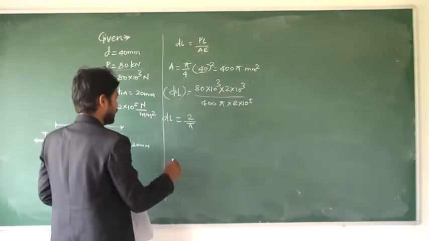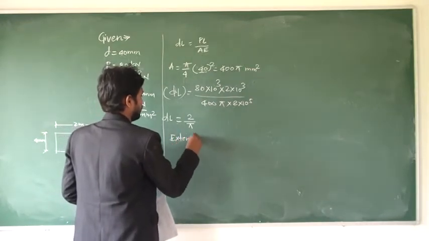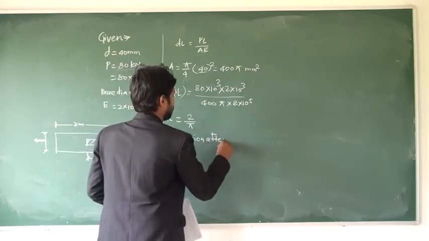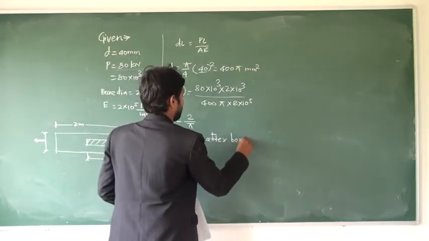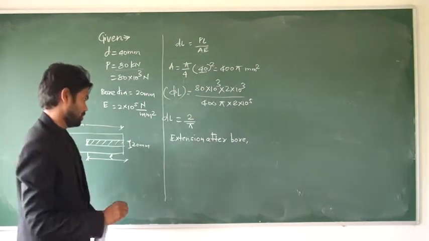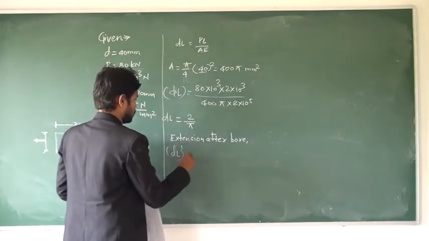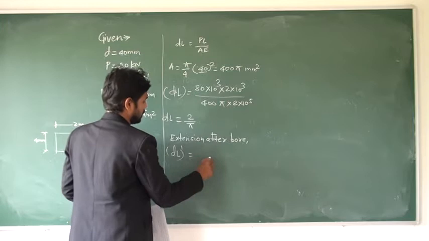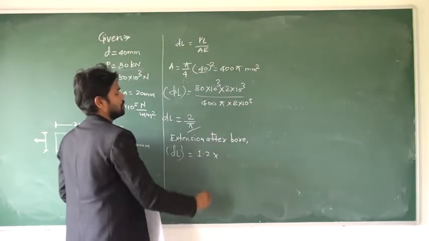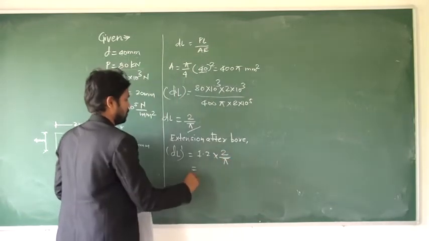Now what will be the extension after the bore? It will be increased by 20%. So dl after the bore will be a 20% increase, which means 1.2 times this value, 2 divided by pi.